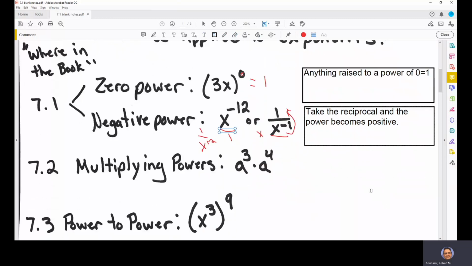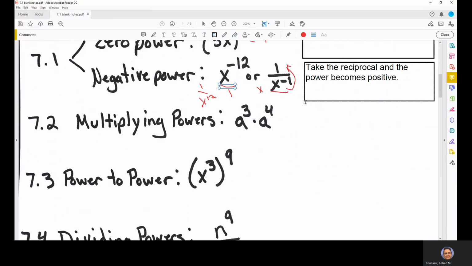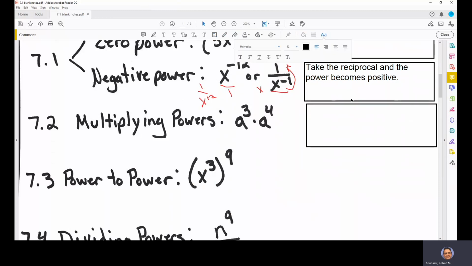The other rules are not quite as complicated as that one. We look at it, and we have multiplication will be the one that we deal with in 7.2. These all have the very same thing to start with. The base stays the same, and we add the exponents.